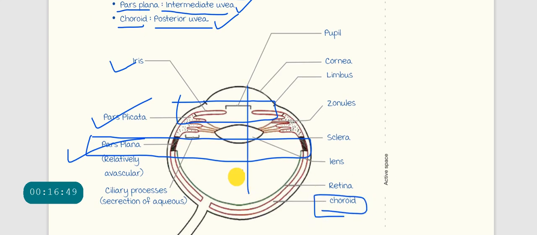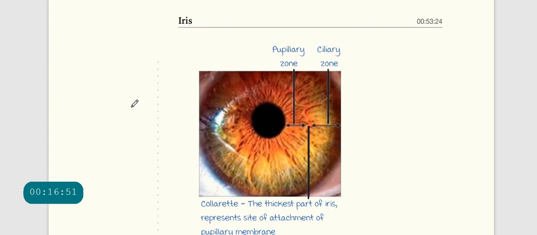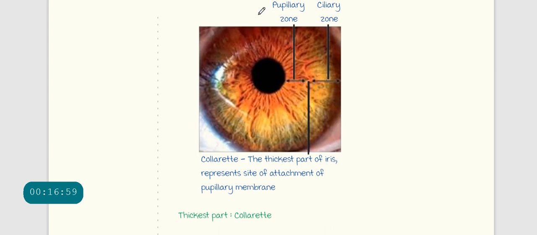The iris has two zones: the pupillary zone and the ciliary zone, and in between lies the collarette, which is the thickest part of the iris. It represents the site of attachment of the pupillary membrane.